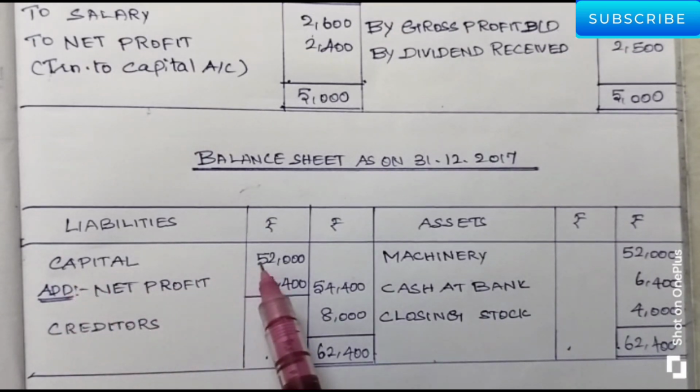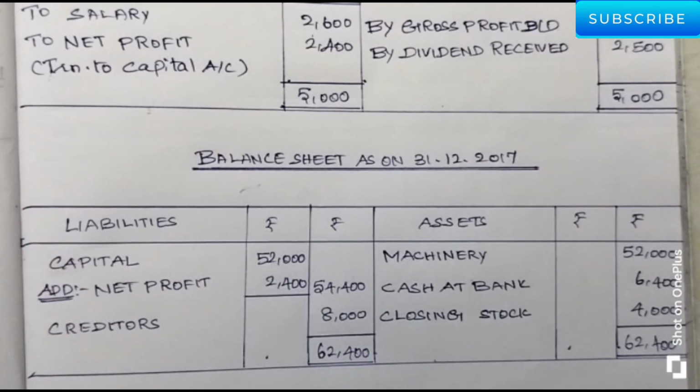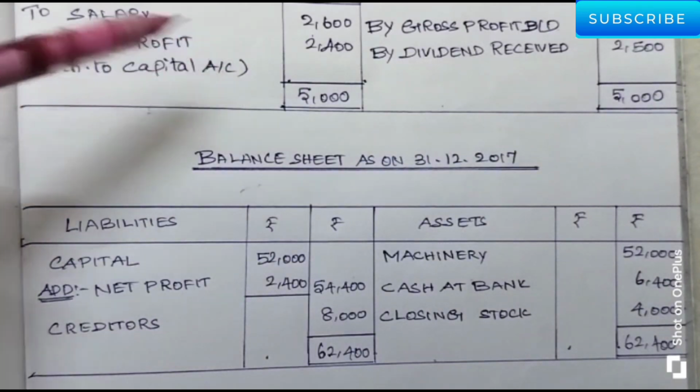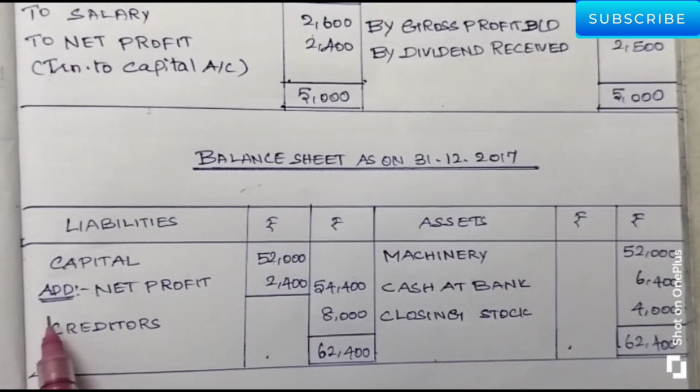Listen, after entering the capital, we have already found the net profit. In the profit and loss account you have to transfer the net profit of 2,400 rupees into the capital account. So you have to add net profit with the capital. Now we are transferring net profit from the profit and loss account.